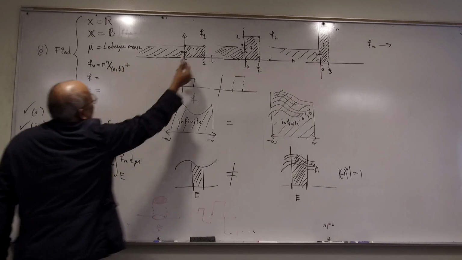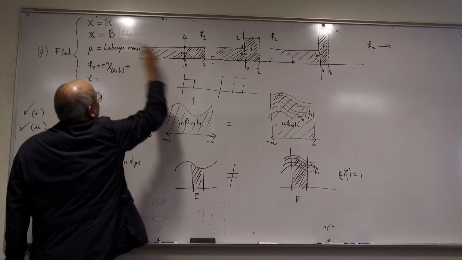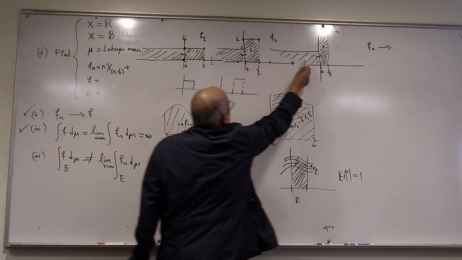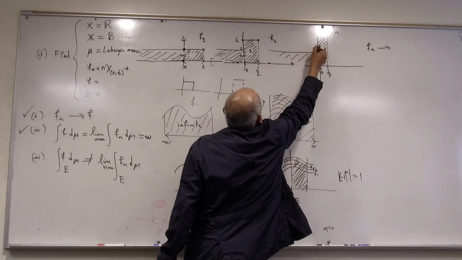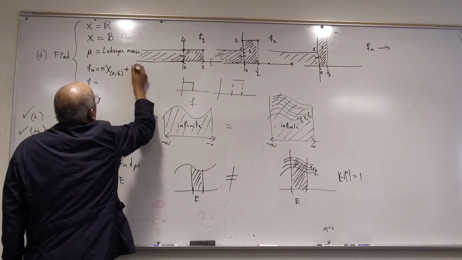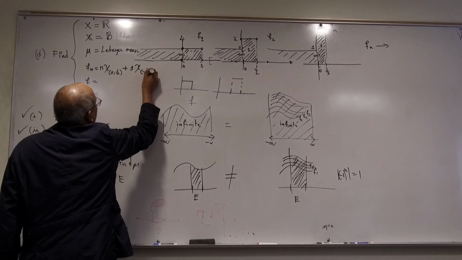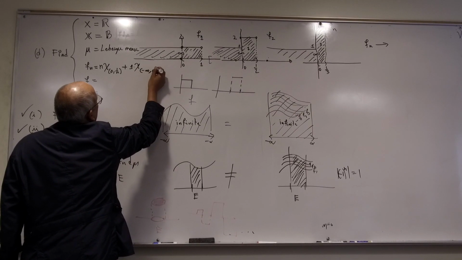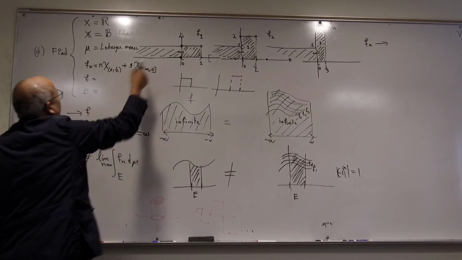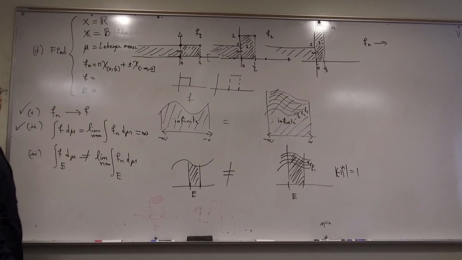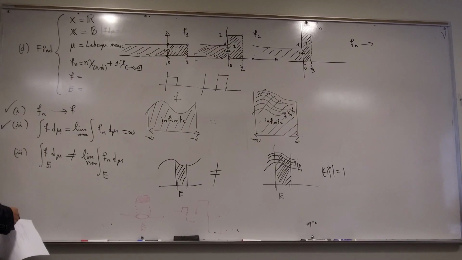Plus, what is the name of this piece, guys? It's 1 times the characteristic function of the interval negative infinity to 0. We can do 0 like this, neutralize it with a bracket. Otherwise it's going to be a discontinuity.